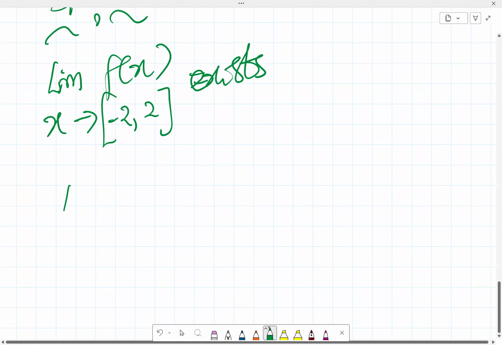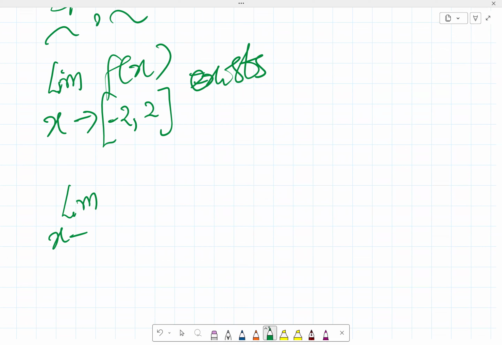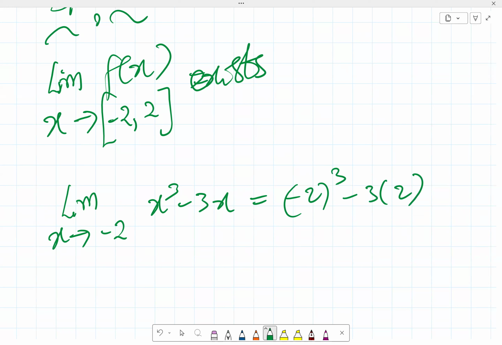So I'll say the limit as x approaches -2 of x cubed minus 3x is equal to, of course, what we have to do again is substitute -2 directly. So again, you have -2 raised to 3, minus 3 into -2, and that is -8 plus 6.